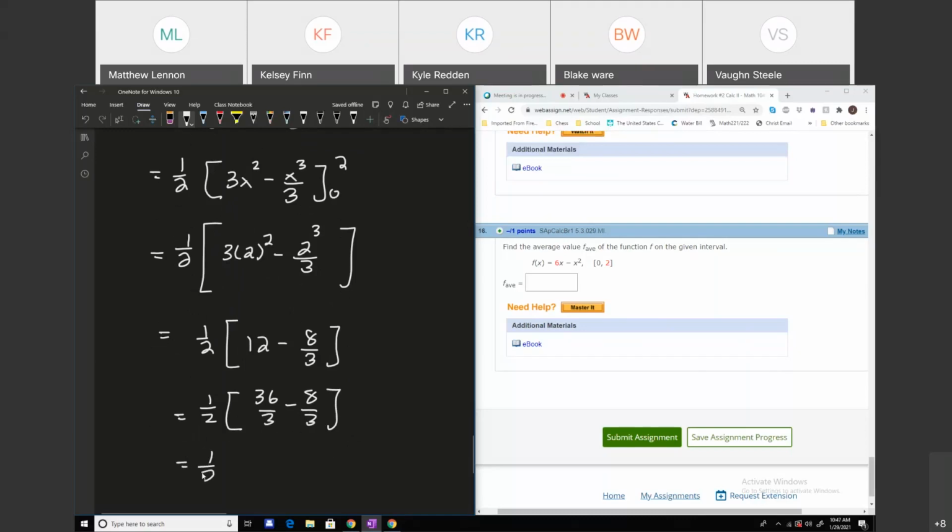So we have 1/2 times 28 over 3, which is 56 over 3. So just a lot of stuff with fractions, it looks like. So you can't put in, what is that, 18.6 repeating or anything like that. That's not going to work.